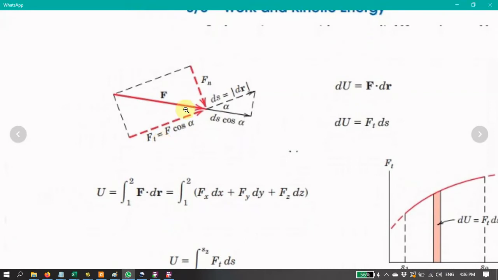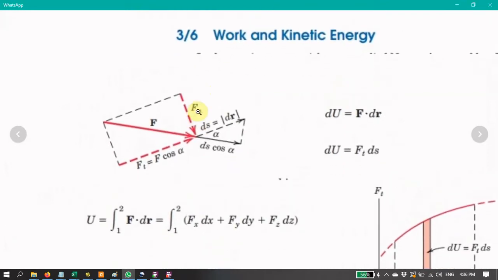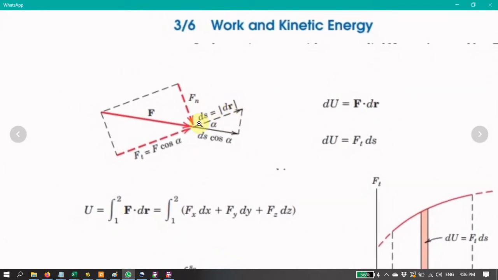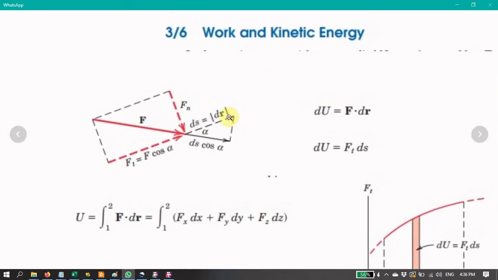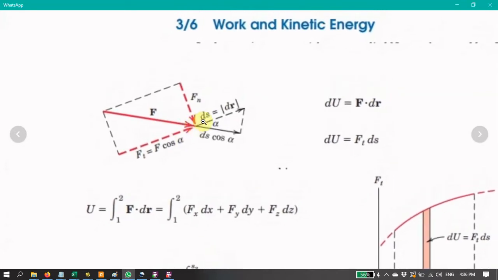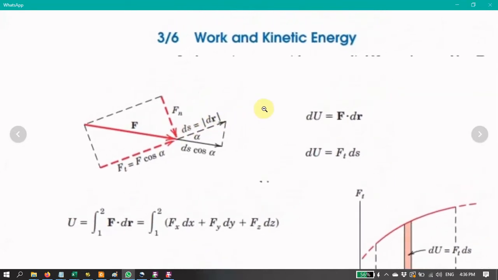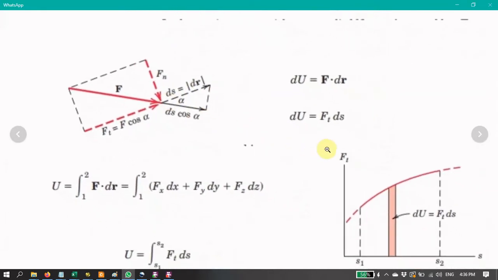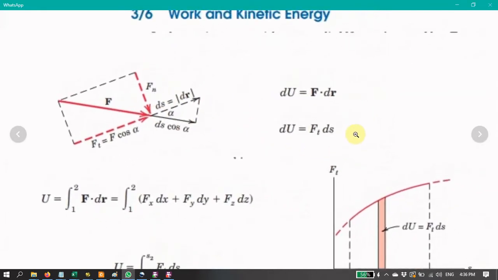So you have Fn, where the subscript n means the component of force that acts normal to the motion of the body, right? And then you have Ft, the component of force that is parallel to the path of the motion, right?